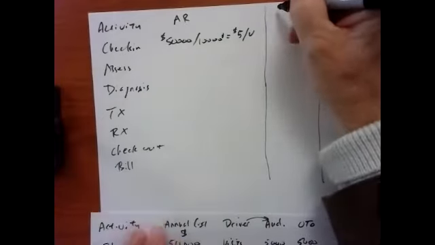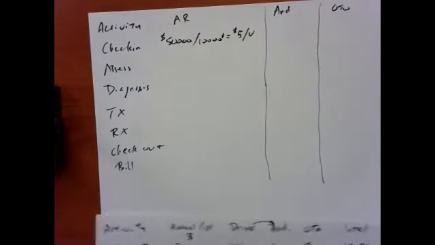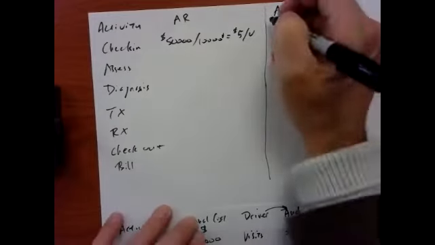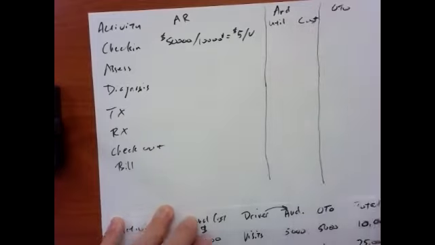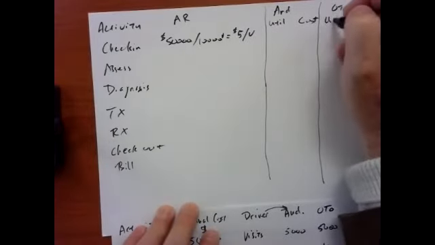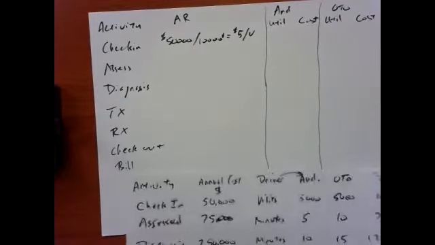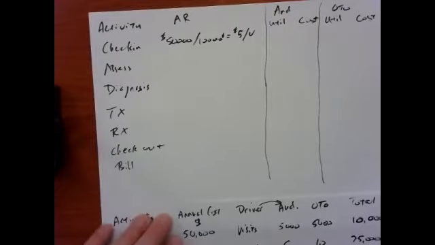So this will be audio, and this will be oto, and we'll make 2 small columns here: utilization and cost. This is utilization and cost. Okay. So this is utilization, the amount of this used per visit.